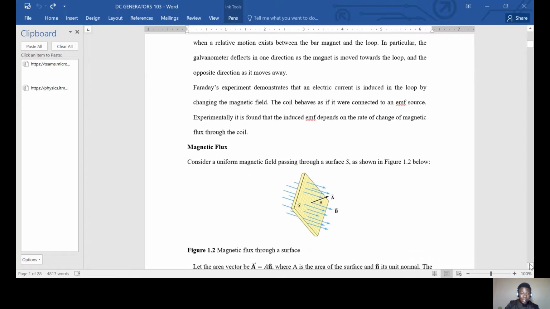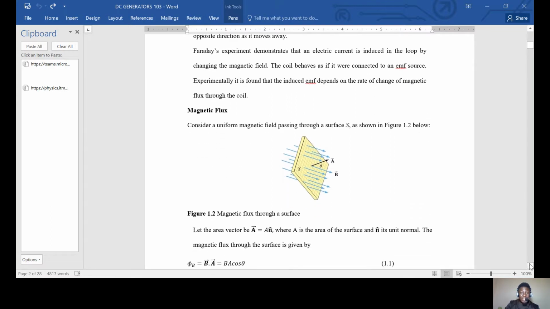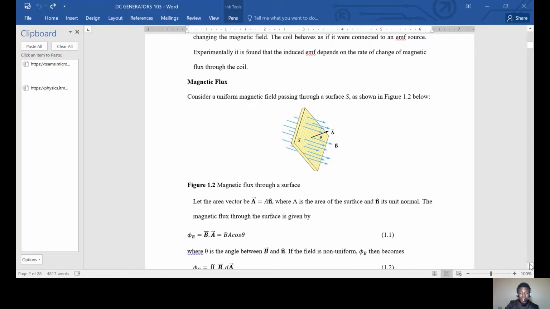Now let's talk about magnetic flux. Consider a uniform magnetic field passing through a surface S as shown in this figure, figure 1.2. We can see the area vector A, which is equal to the magnitude of A and the unit normal n, and the magnetic field B with an angle theta between the area vector and the magnetic field.